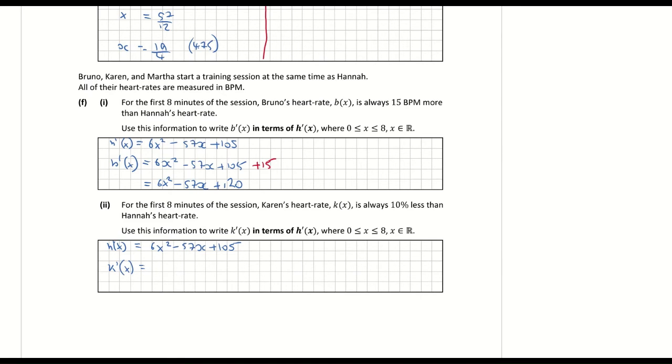So if something's 10% less, 100 minus 10 is 90%. 90% as a decimal would be 0.9. So 90% times 6x squared minus 57x plus 105. So 10% less means it's 90% of it, so 0.9 times Hannah's.